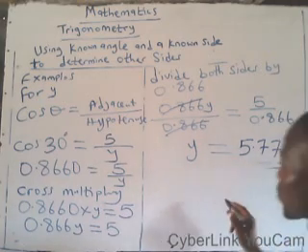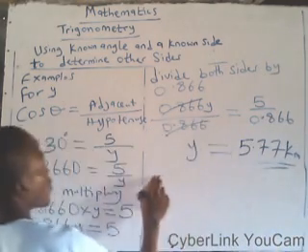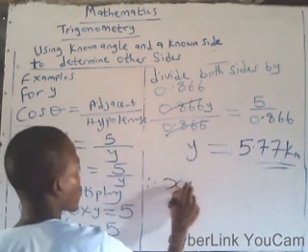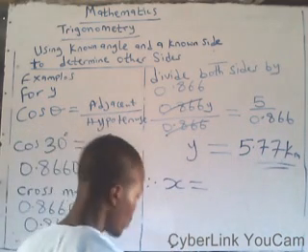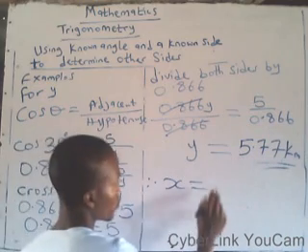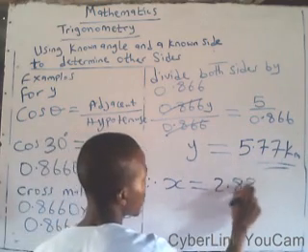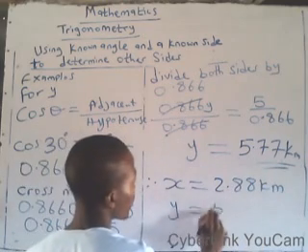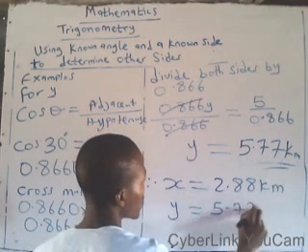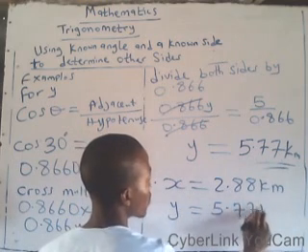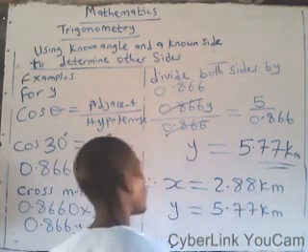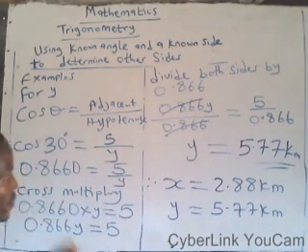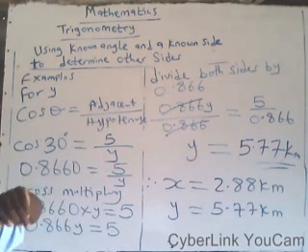So therefore the value for x is equal to 2.88 kilometer, and the y value is equal to 5.77 kilometer.